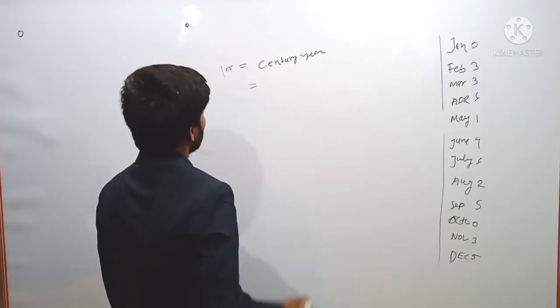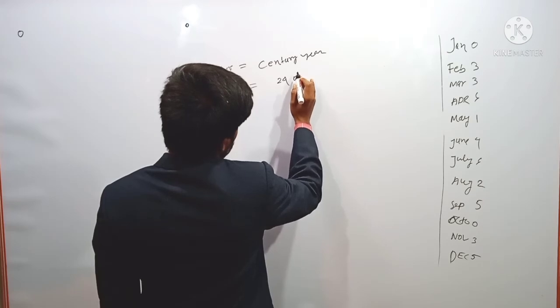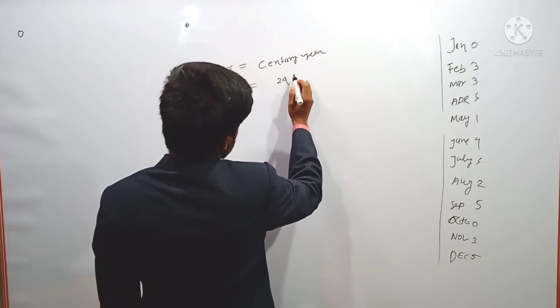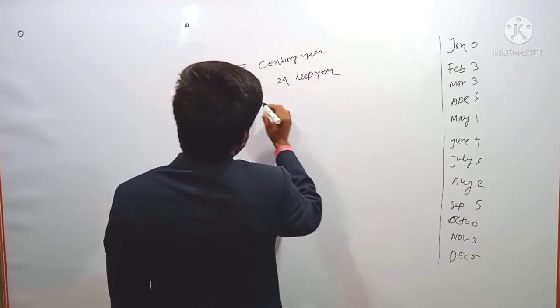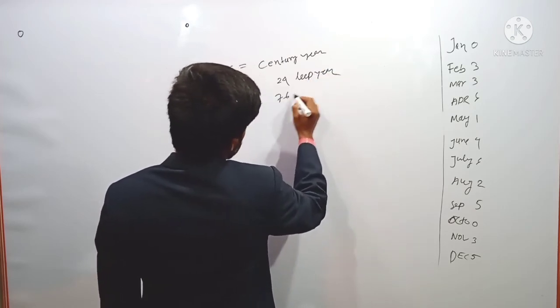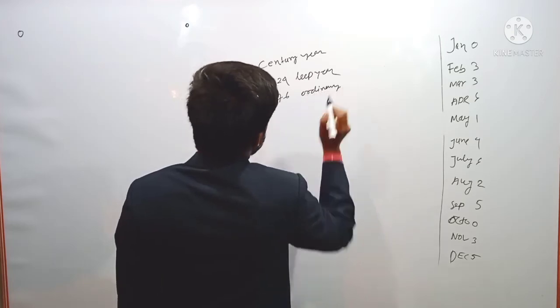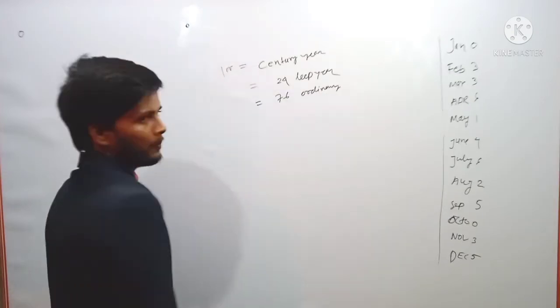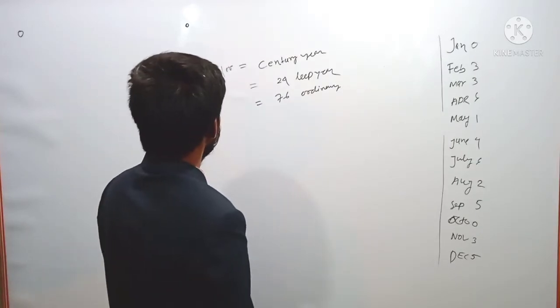In 100 years, there are 24 leap years and 76 ordinary years. Okay, why 24 leap years?